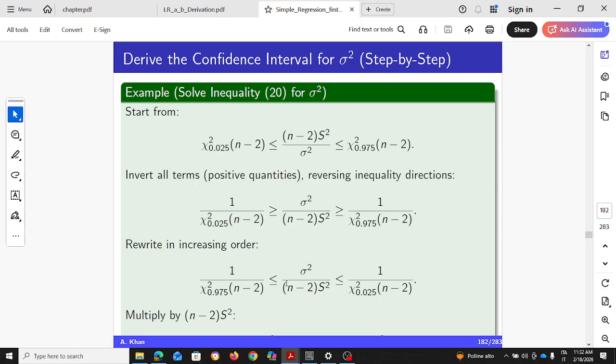So we have a confidence interval for sigma square. Clear? The same way we built a confidence interval for alpha and for beta, now we are building a confidence interval for sigma square.